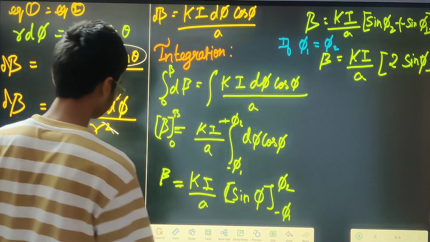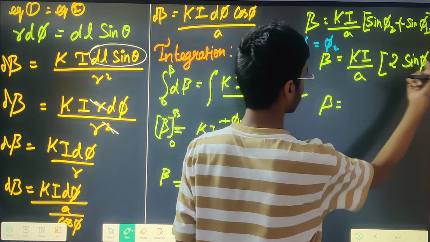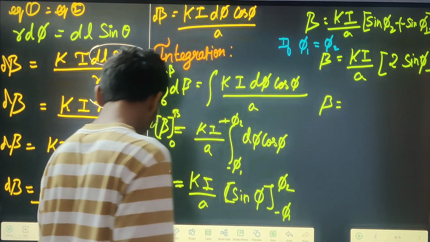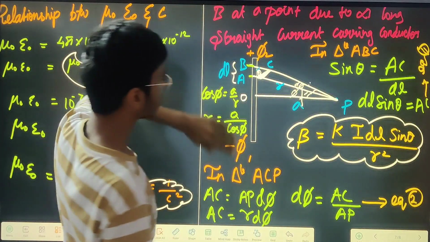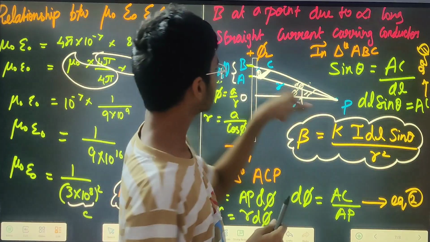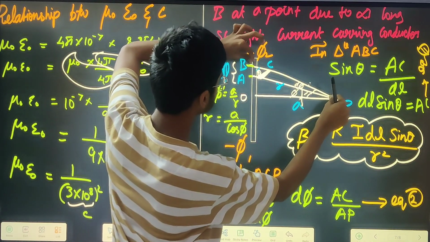Then magnetic field is equal to what? 2 sine phi is there. In terms of angle, since the rod is infinitely long, I'm just going to elongate it.